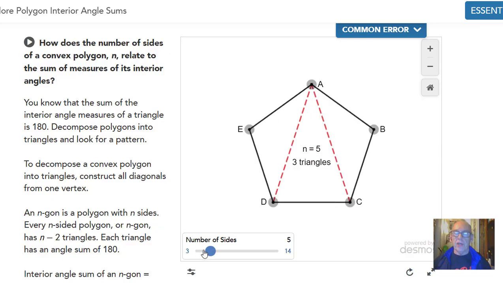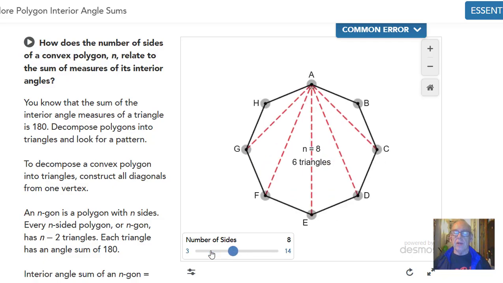If we go to 5 sides, a pentagon, we can see that 5 take away 2 is 3. We can construct 3 triangles, and each one of these triangles has 180 degrees worth of measure. Altogether, that gives us 540 interior degrees for a pentagon.